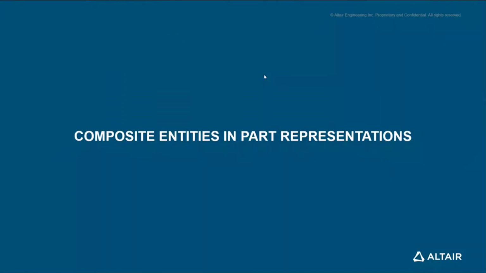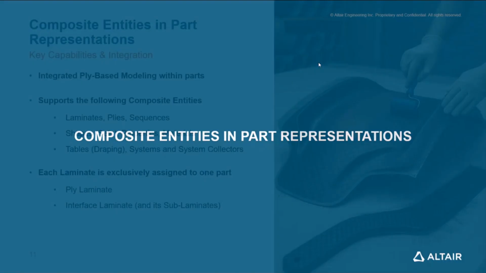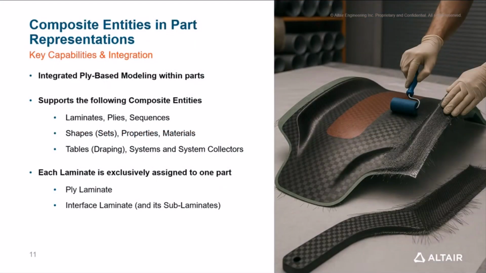Hello all, my name is Stratos, and I will talk to you about the composite entity support in part representations. To begin with, integrating composites and especially ply-based modeling in parts allows aerospace and automotive industries to introduce the general model build strategy in their composite use cases, taking advantage of its benefits.